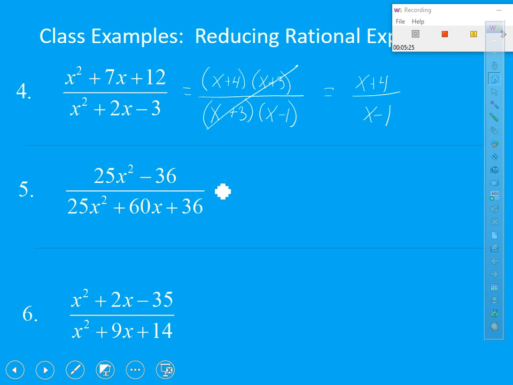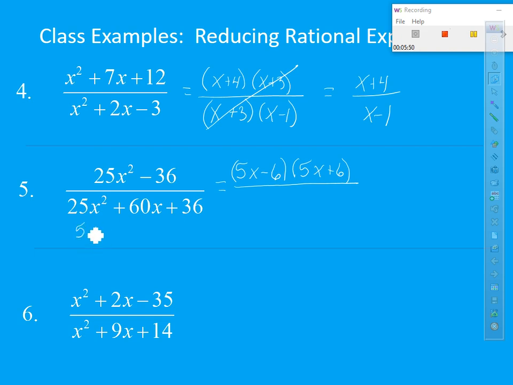25x squared minus 36, that's a difference of squares, because I know each square root, and there's no number in the middle. So I'm going to factor this into 5x minus 6 times 5x plus 6, over 25x squared plus 60x plus 36. That's a perfect square trinomial, because the square root of the first times the square root of the last, doubled, is the middle.